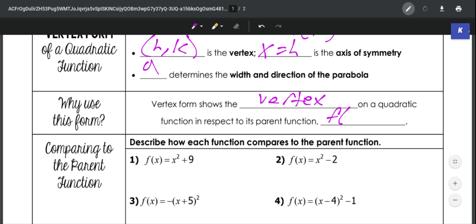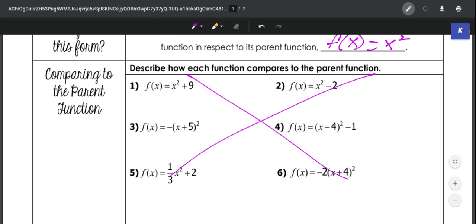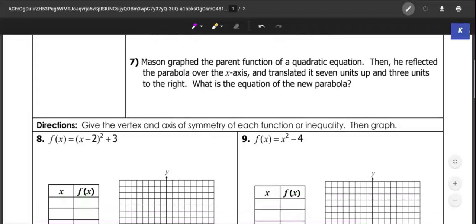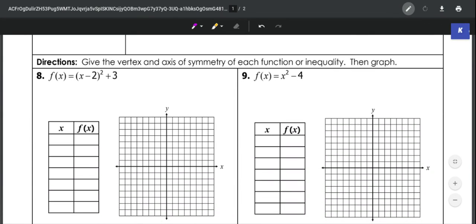Now, it asks us to do some transformations, and we're just not going to worry about that right now. We're going to get into graphing when using this vertex form.